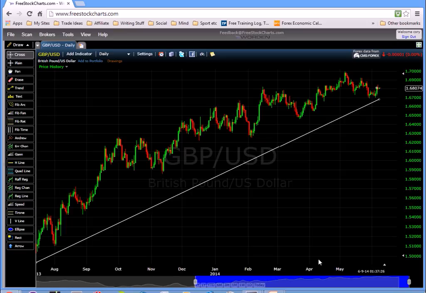And over the course of almost a year, it has moved up to where it now costs $1.68, or 1.68074, to buy a British pound. It takes more US dollars to buy a British pound now, so the British pound has increased in value.